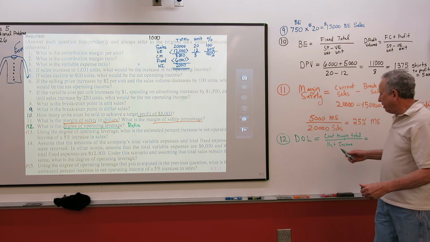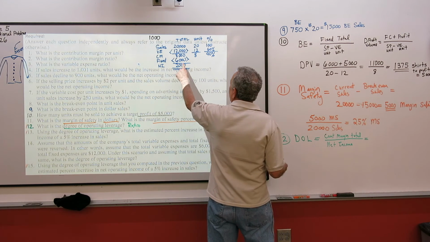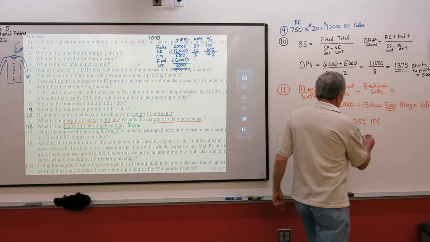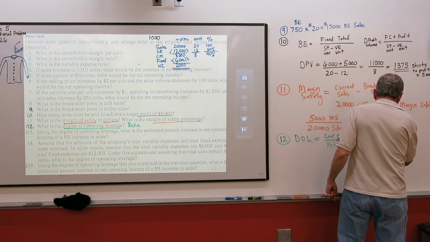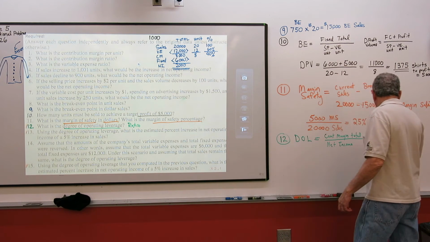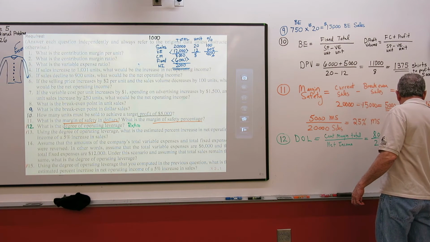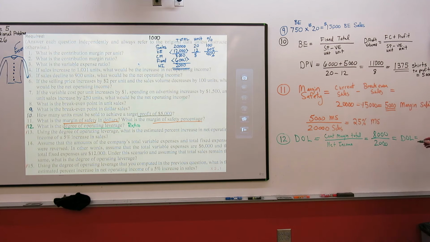So let's just go ahead and apply this. The degree of operating leverage here is the contribution margin total, that's $8,000, and let's take the net income, 2. So our degree of operating leverage, our DOL, is equal to 4. Now what does that mean? Well, how much power does this company have?